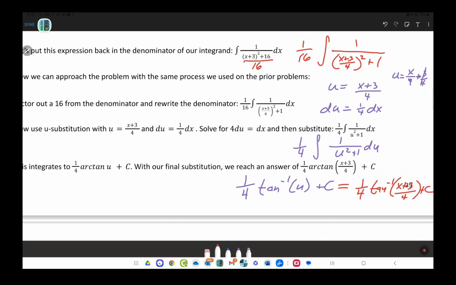So there's two ways you could do that. You could just factor out a 1/4 from 1/16 and do 1/4 times 1/4, where one of the 1/4s is dx. Or you could say, well, since du is this, we will have a 1/4, so we can multiply by 4, and then replace dx with 4 du, which would still give you 1/4. So two ways to do it. Either way is fine.